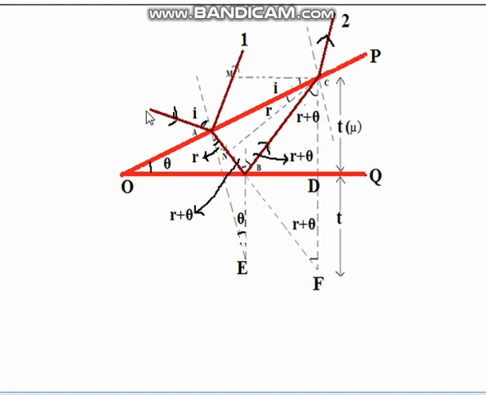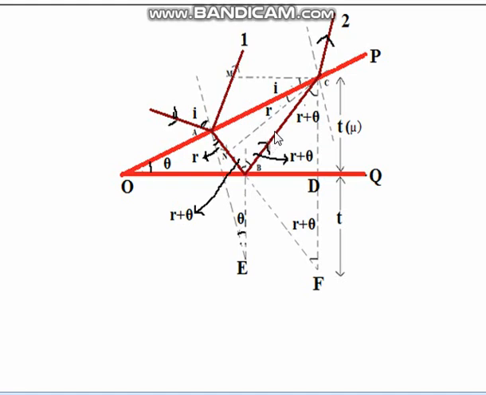Here there is a monochromatic light source. The light falls on the upper surface OP at point A. At this point, some part of the light is reflected back. However, another part is transmitted into the medium and reaches point B. At point B, there is again reflection and refraction.